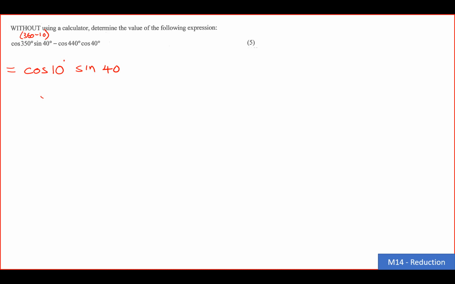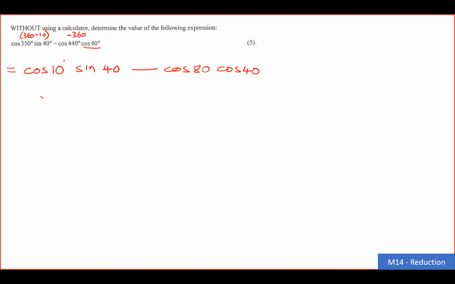So 40 is an acute angle, so we're going to keep that. Then you've got cos 440, which is over a cycle. So we're going to say 440 minus 360, and that will give me cos 80. And then we've got cos 40. We're going to bring that down.